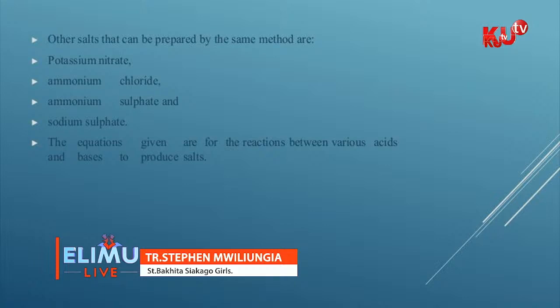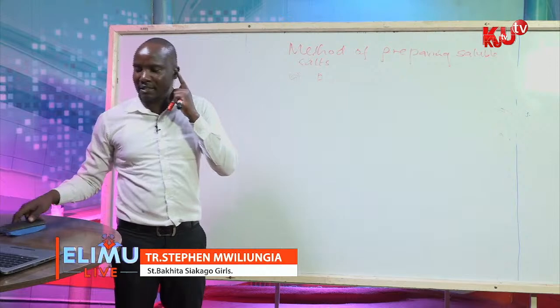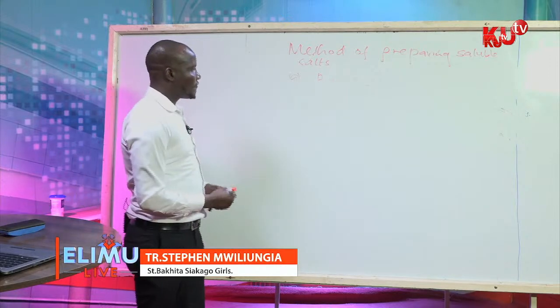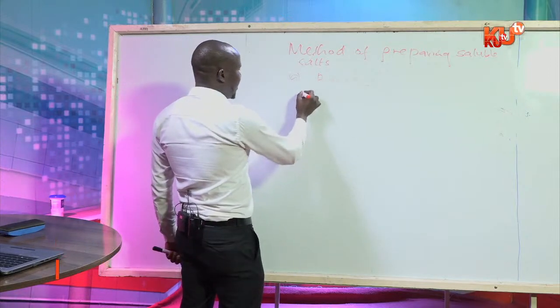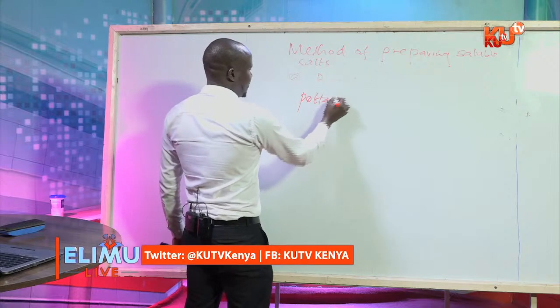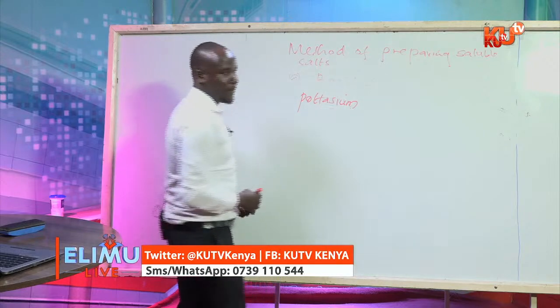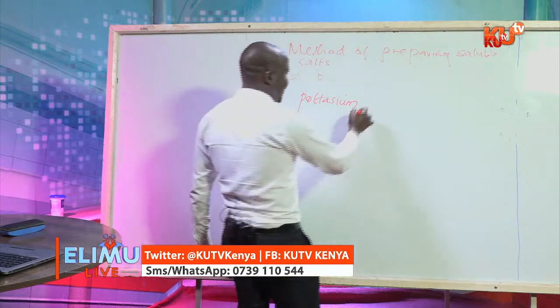Again, we write a chemical equation for the reaction of one of the salts prepared by neutralization. For example, potassium nitrate.